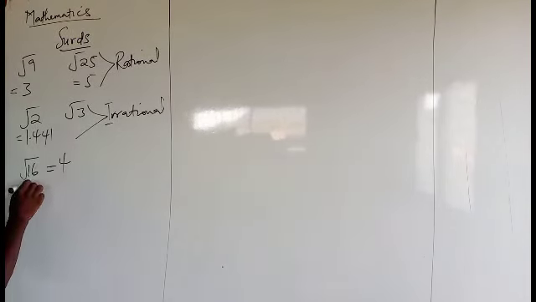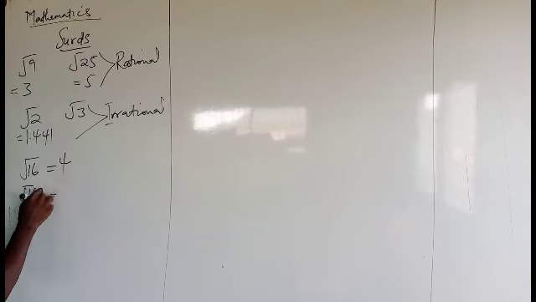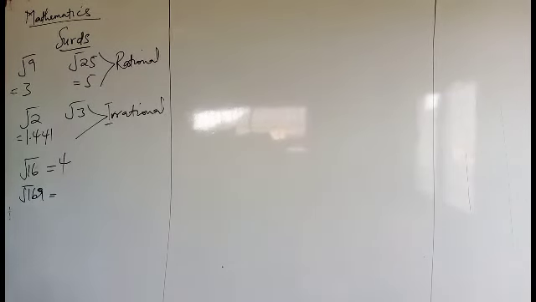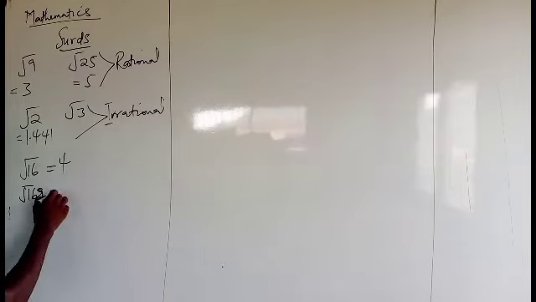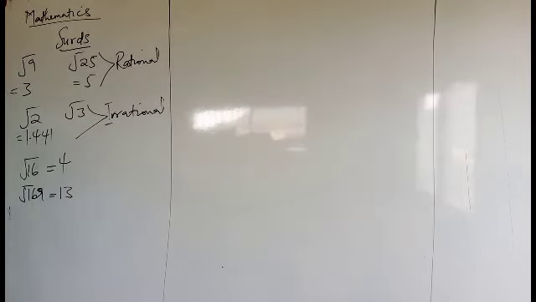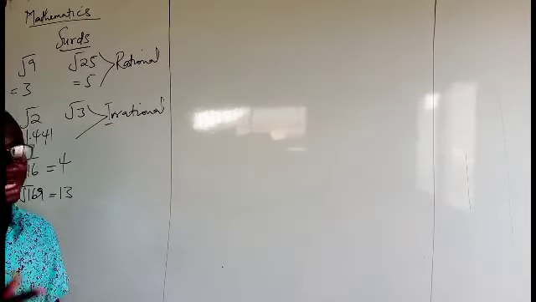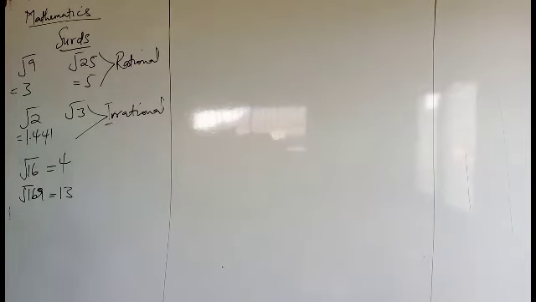What of root 169? What do you think will be the answer? Very good, 13. Basically, when you know this, you'll be able to solve surds as we move on.